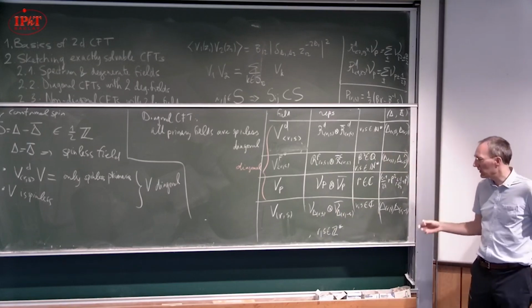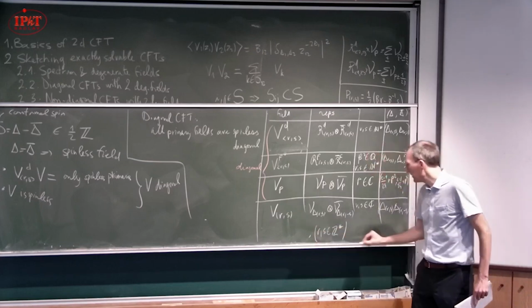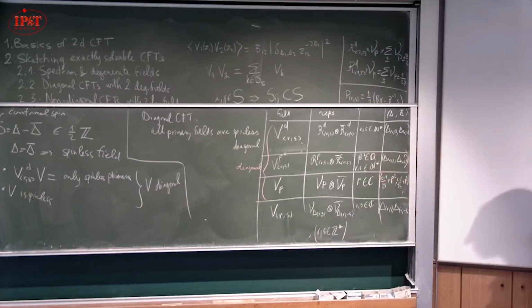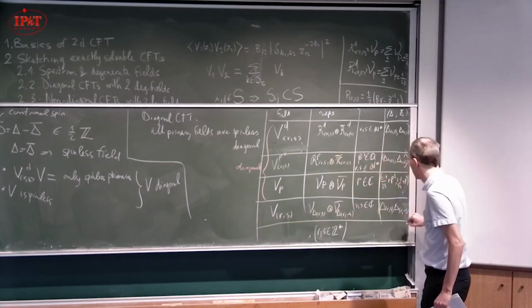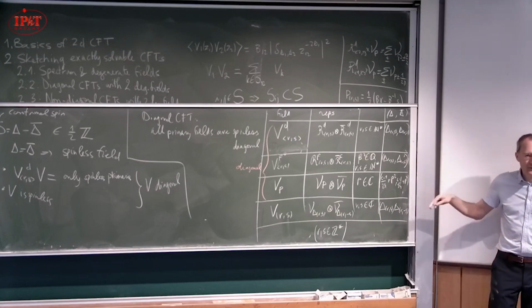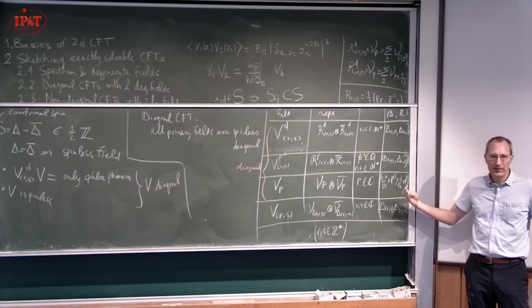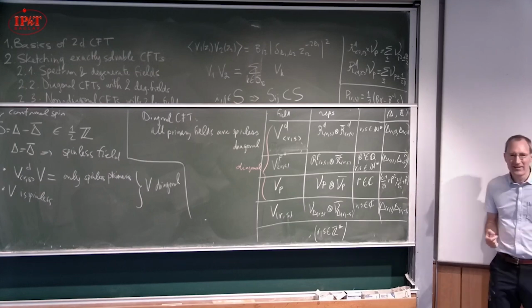So the structure can be more complicated in these cases. But in general, it's just a Verma module. Okay, so these are the fields from which we want to build some non-trivial and solvable CFTs.